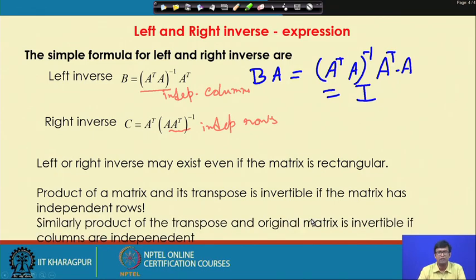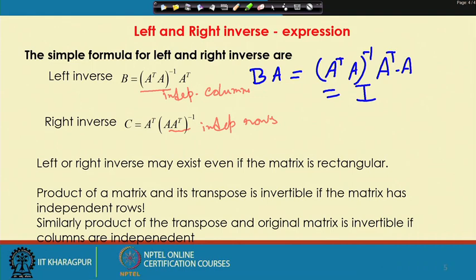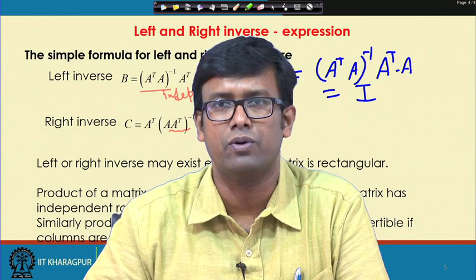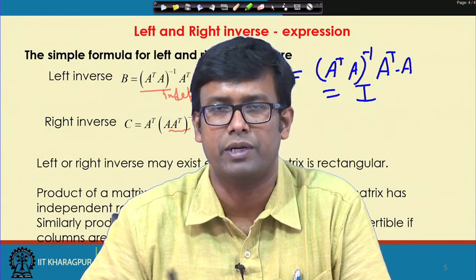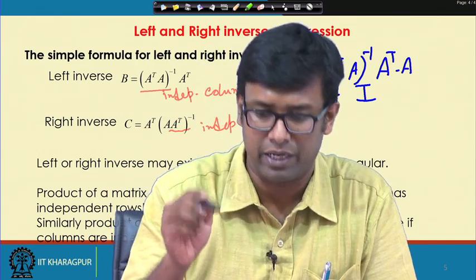And similarly, vice versa, the product of the transpose and the original matrix is invertible when the columns are independent. This is a small piece of information which we should note here, and it will be important at a later stage when we look into more detail at independent rows and dependent columns, square matrices and rectangular matrices like that.